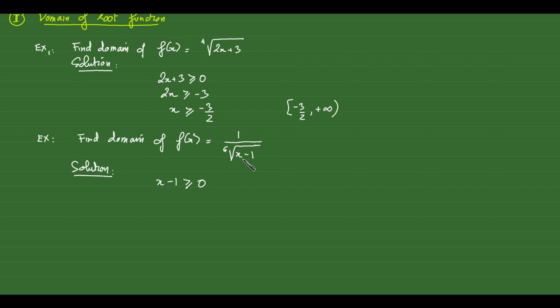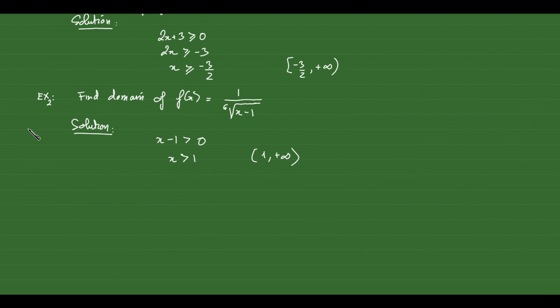But because this is under the denominator, we can only set up greater than 0, not equal, because we're not allowed to have 0 under the denominator. So I'm going to solve for this. We have x greater than 1, and we can write the interval notation easily.